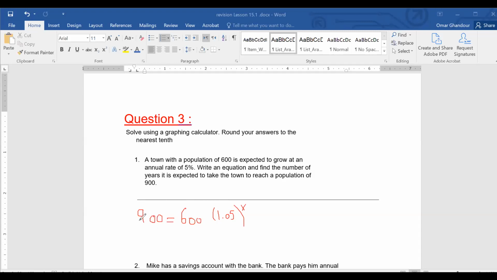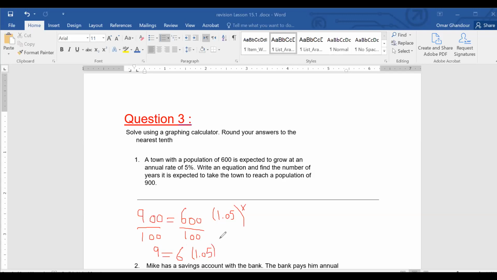Let's simplify 900 and 600. What do you think? Can we make it simple? Yeah, actually we can. Can I divide this by 100 and this by 100? We can do this to make it easier. So 900 over 100 will become 9, equal to 600 over 100 which becomes 6, multiplied by 1.05 to the power of x.